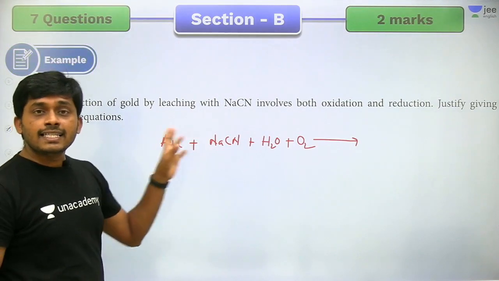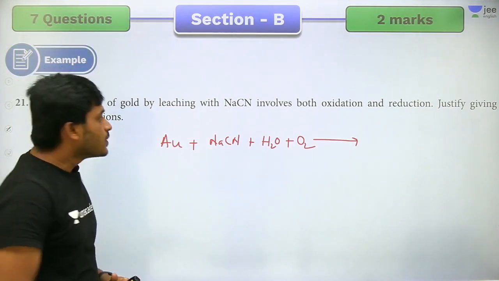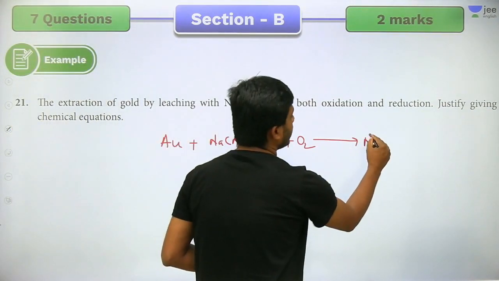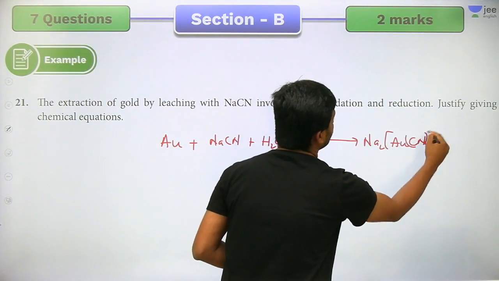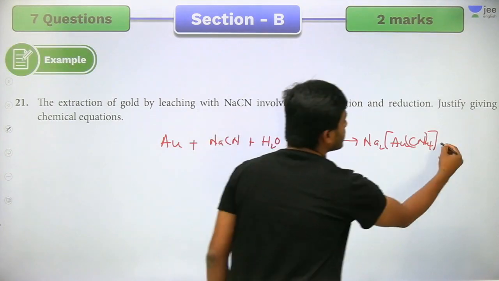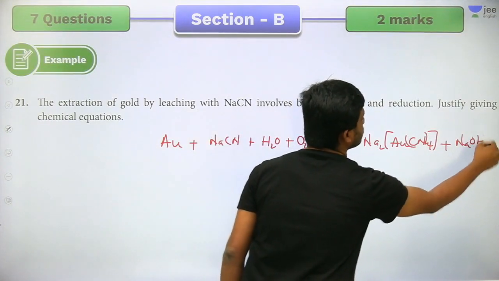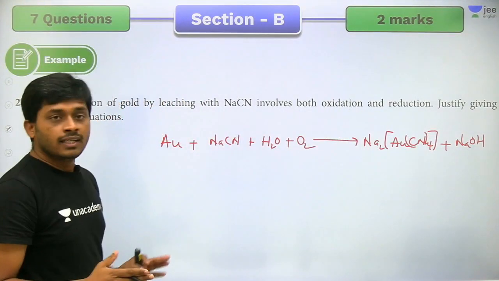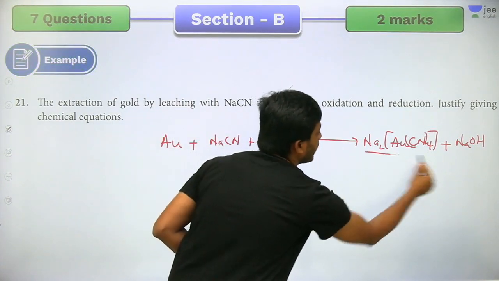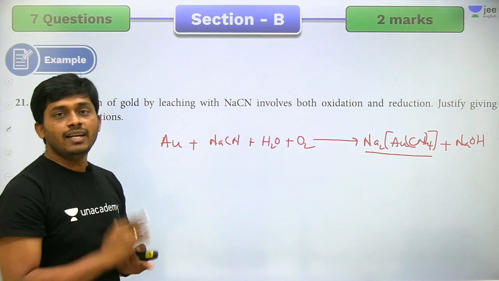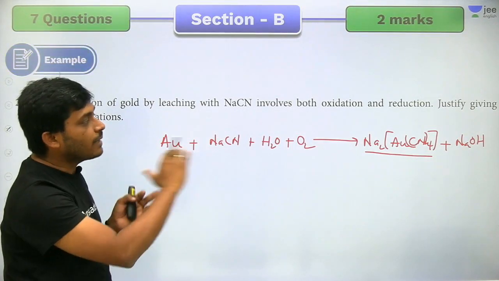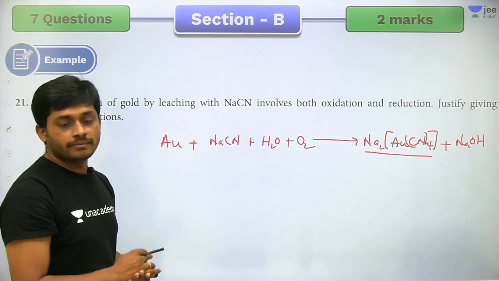So this is leaching of gold. So what we will get? Na2[Au(CN)4] plus NaOH. Correct? Now this particular complex, it is reduced by more reactive element, so that we get pure gold.